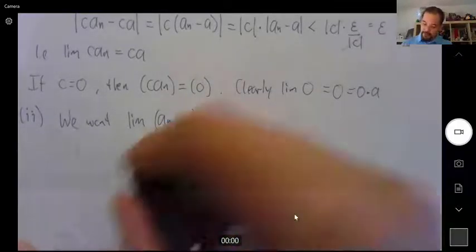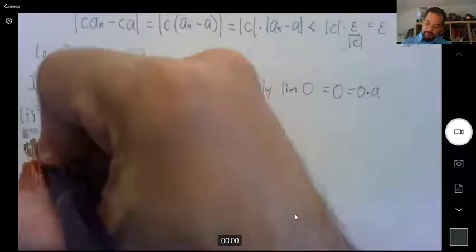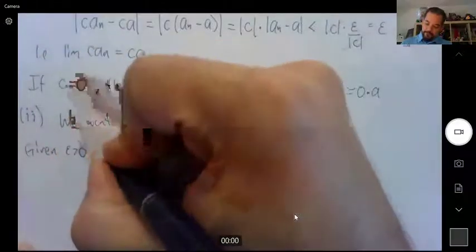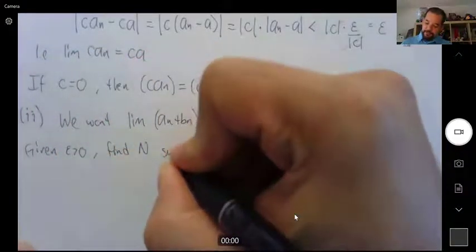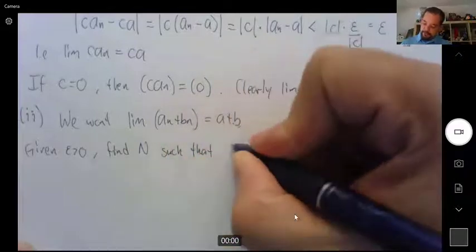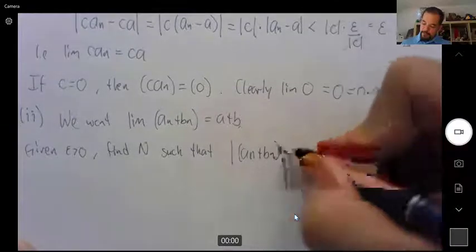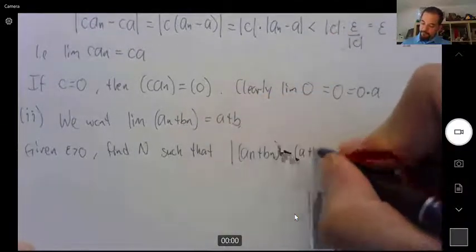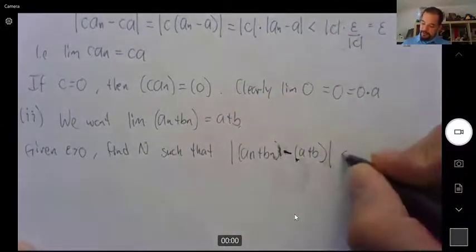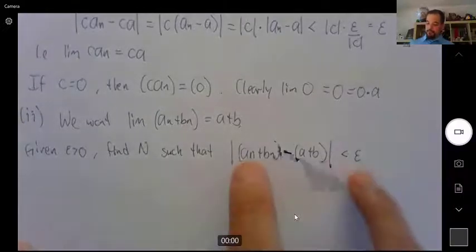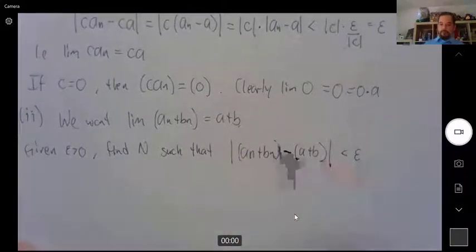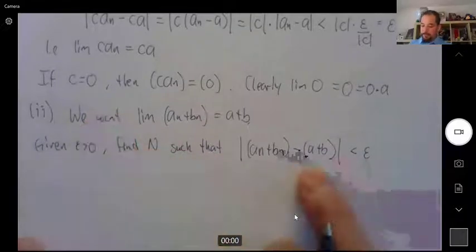The last part is, given epsilon greater than 0, find capital N such that this sequence, a_n plus b_n, minus the purported limit, which is A plus B, is less than epsilon in absolute value. Can we make this happen is what we want, right?